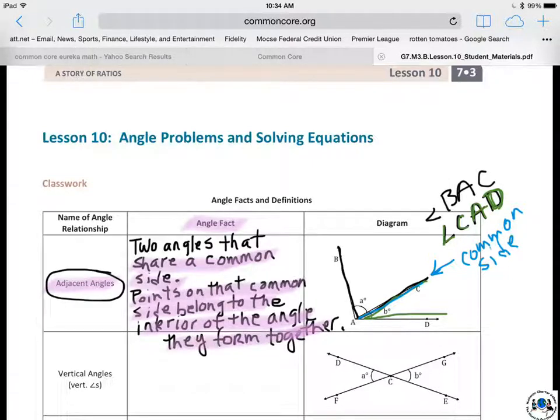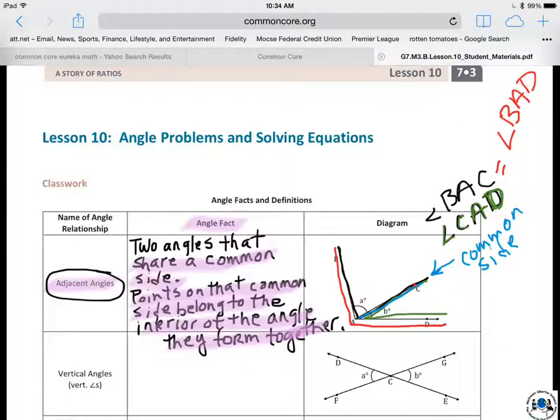So they do form an angle together. In fact, they form a larger angle, which is, as you see right here, BAD. That's that larger angle. So these two together equal angle BAD. They share a common side, and on that common side there are points.